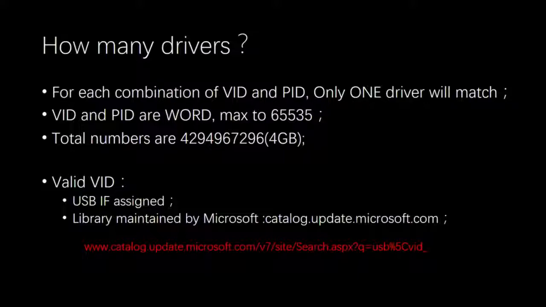the first action we wanted to take is just to enumerate all the combinations of VID and PID, because from the selection logic of Windows Update driver selection, it will be only one.